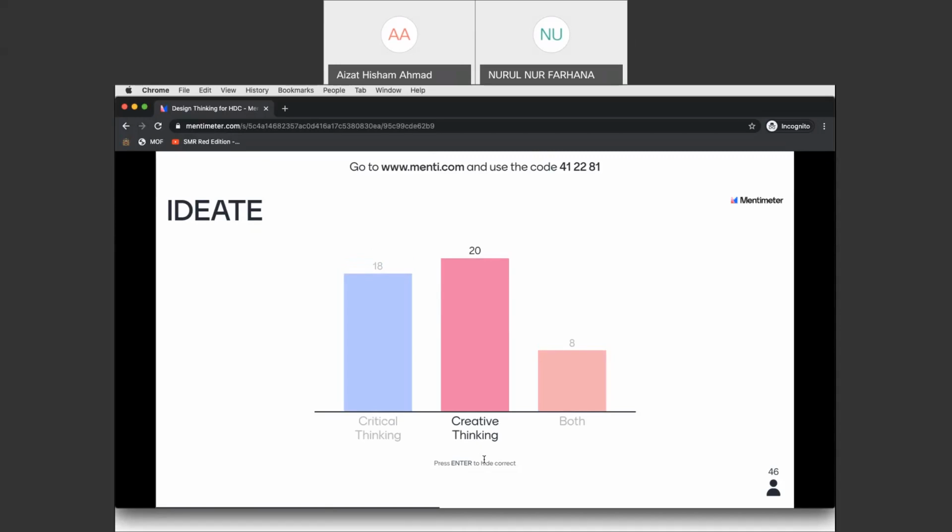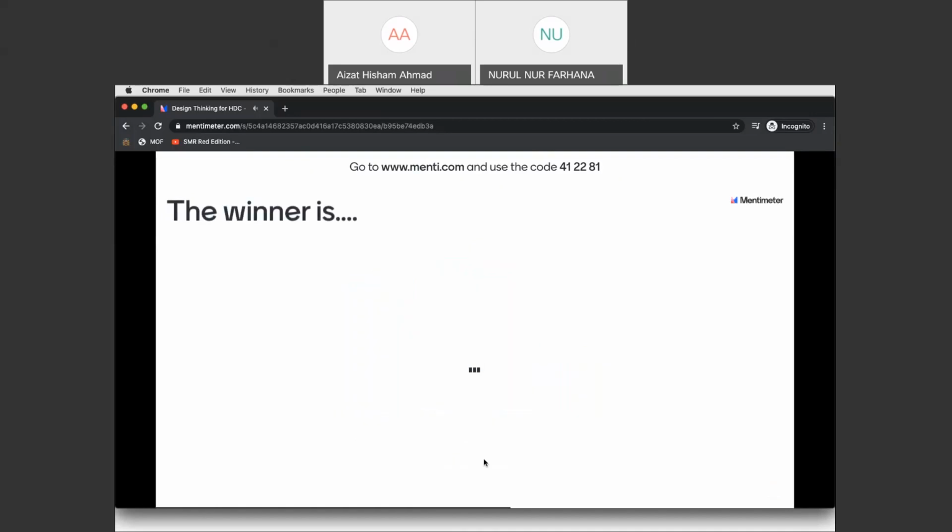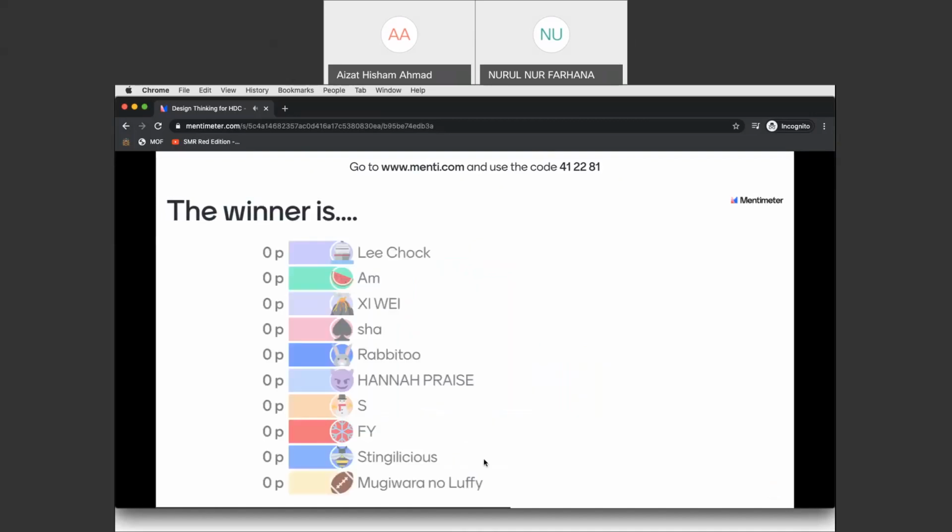Remember, ideas are about the answer rather than the question. So when you ideate, you want to be creative. You want to know what can be done, what is possible. It doesn't have to be logical, it has to be an idea. Ideate means to create ideas, so you have to have creative thinking. Let's see who this time is the winner again.